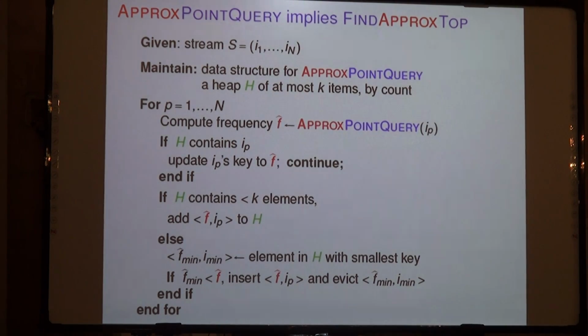Questions? So could you remind what we assume about the error? So we assume that this f hat is additively close to the actual frequency. If item i arrives, it actually occurred with frequency fi. I'm given f hat. Then the question is, how far is f hat from fi? What we will get is a primitive that ensures that fi minus f hat is bounded by an epsilon fraction of fk.